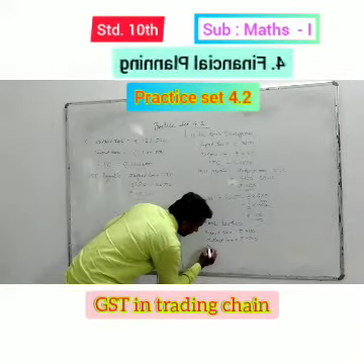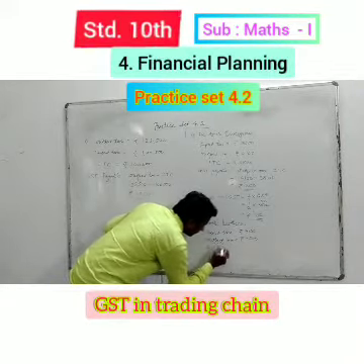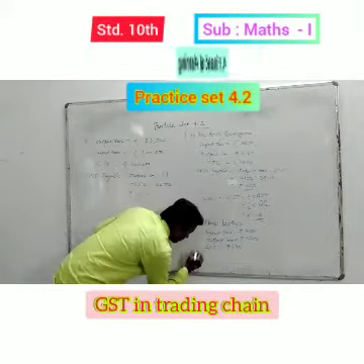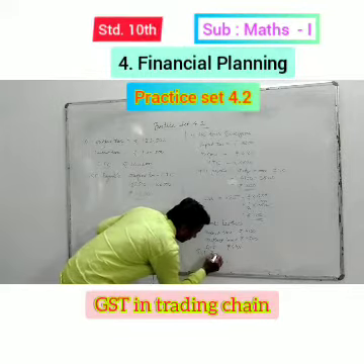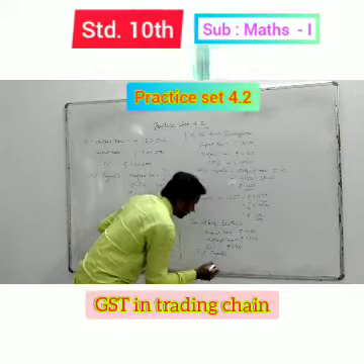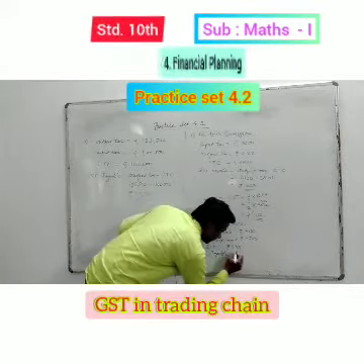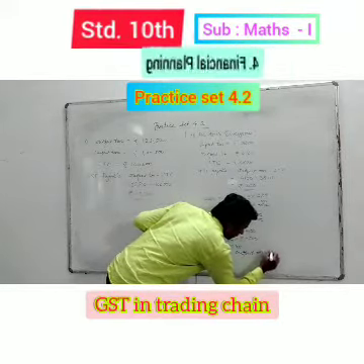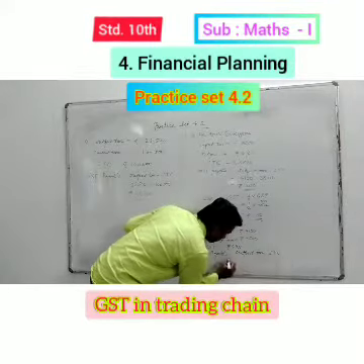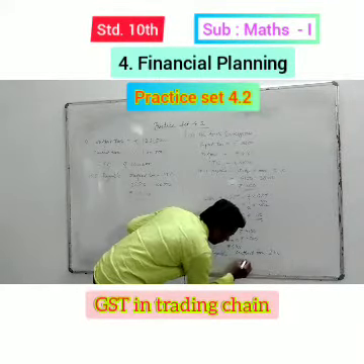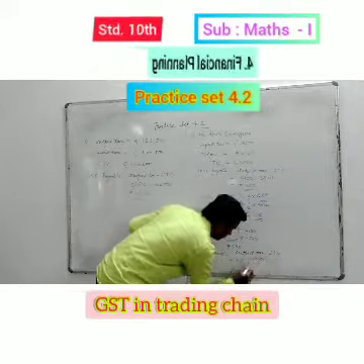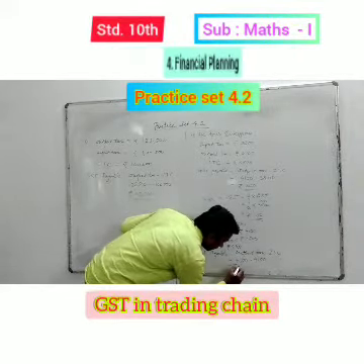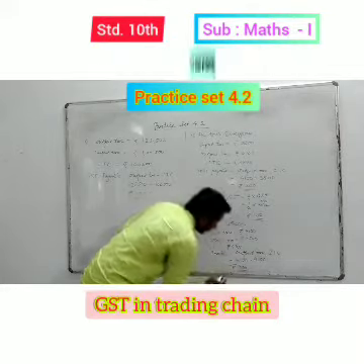Therefore, input tax credit is rupees 4,100. Therefore, GST payable is output tax minus input tax credit. Output tax is 4,500 minus 4,100. Therefore, GST payable is rupees 400.